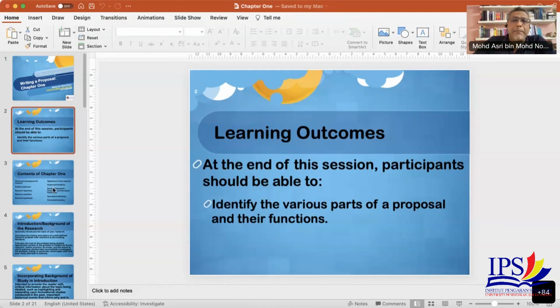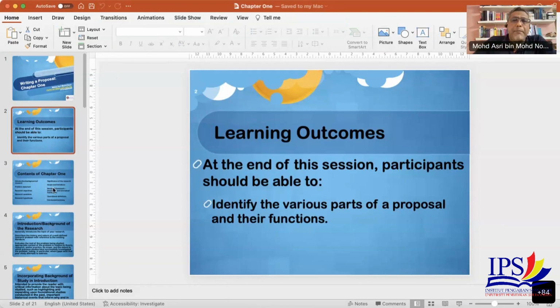By providing this understanding, they will be able to see later why it is so important to study and why it is so important to solve the problem that has been highlighted by the researcher. So that's why background of the study is very important in chapter 1.